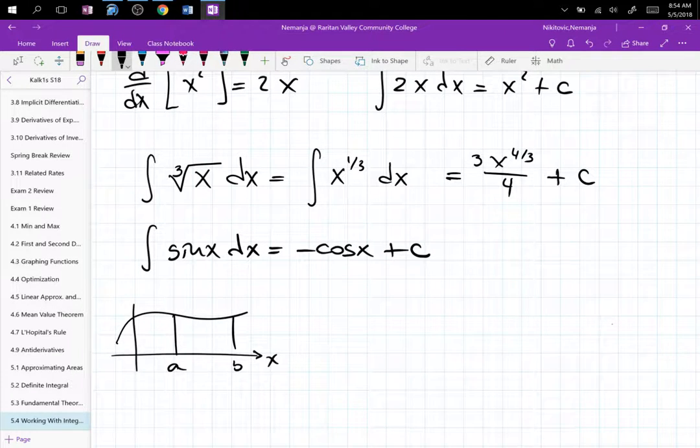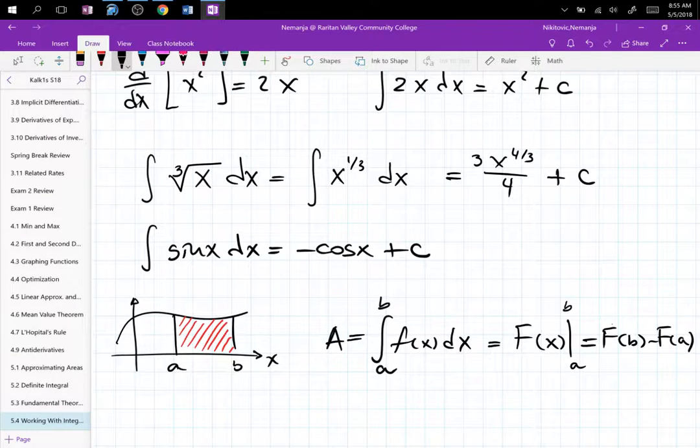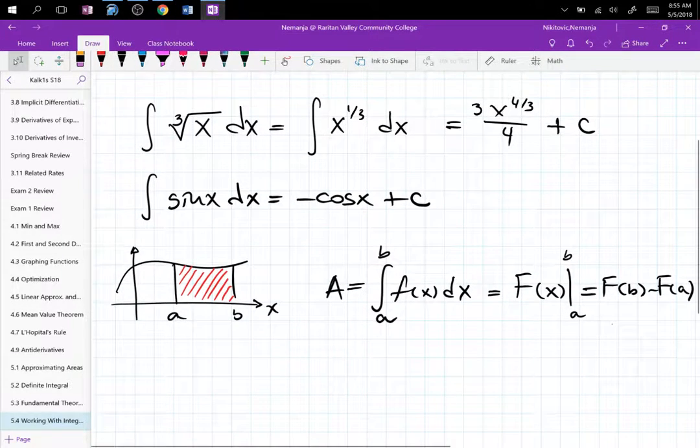So if all of the function, right, is above the x-axis, in that case we can find the area by solving the definite integral, and this definite integral is the integral from a to b of f of x dx, and we solve it by figuring out any of the antiderivatives first, and then say F of b minus F of a. This was also in the fundamental theorem of calculus.